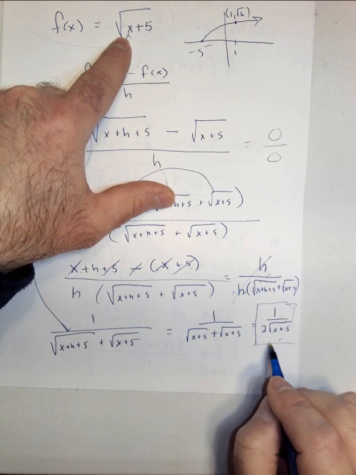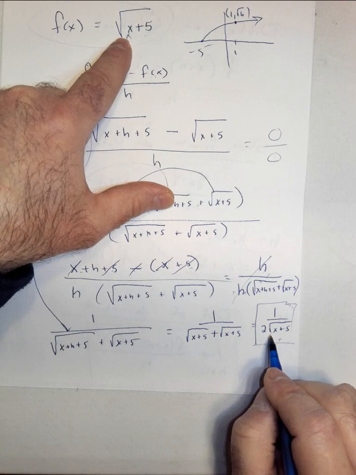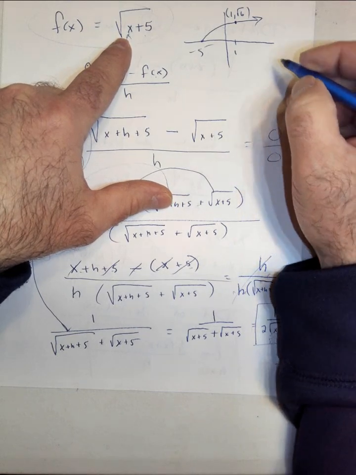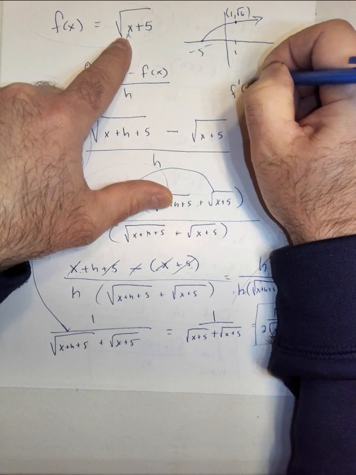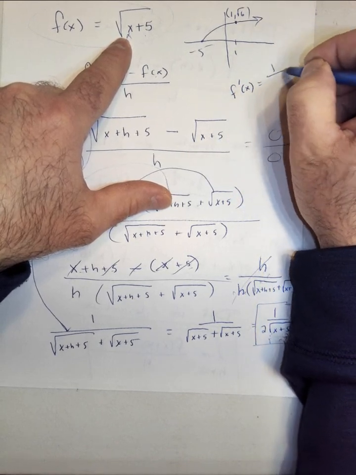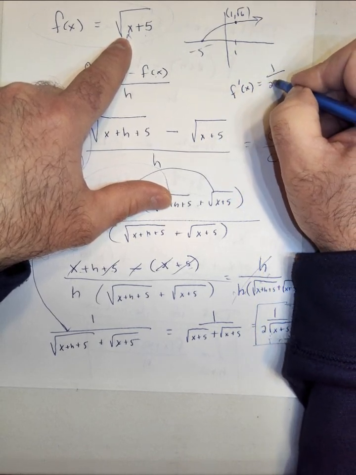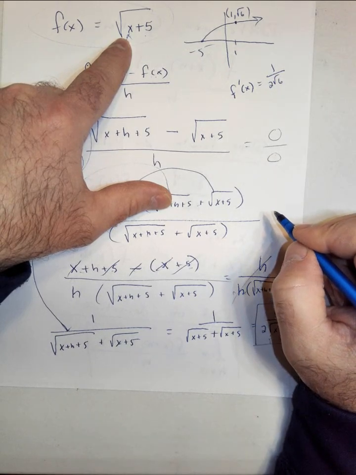If I plug in 1 into this function down here, f prime means the derivative, so plugging in 1 gives me that number. What is that number?